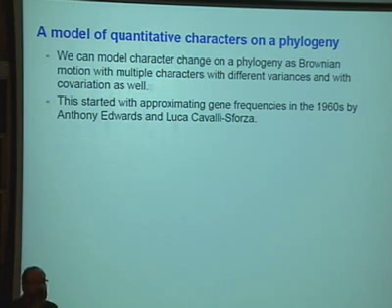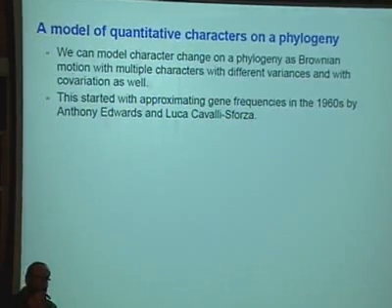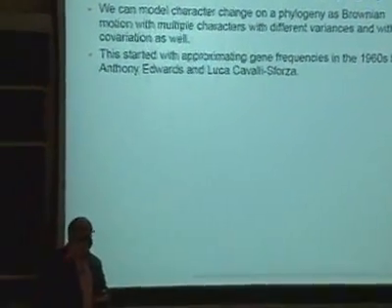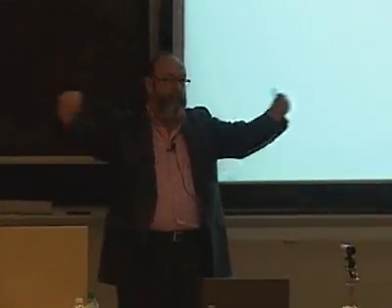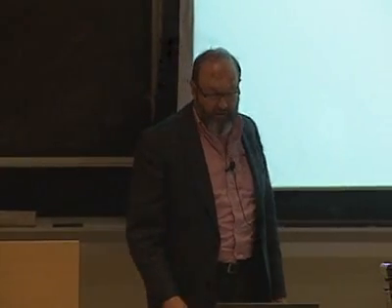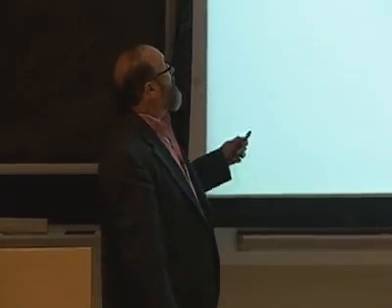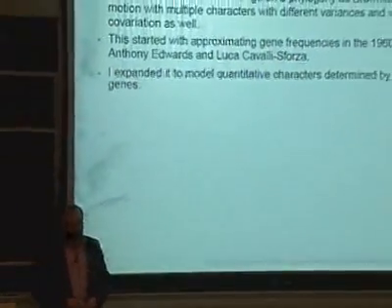But in their work, they approximated the change of gene frequencies through time. These are gene frequencies in human populations, by approximating it by Brownian motion, which it isn't exactly, because gene frequencies are on a scale of 0 to 1, whereas Brownian motion is on a scale that's infinite in all directions. I later expanded the model to model quantitative characters determined by those genes. That's not very much of a jump.